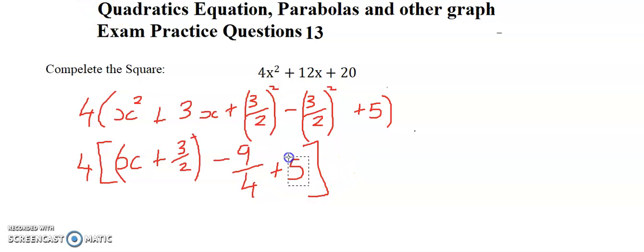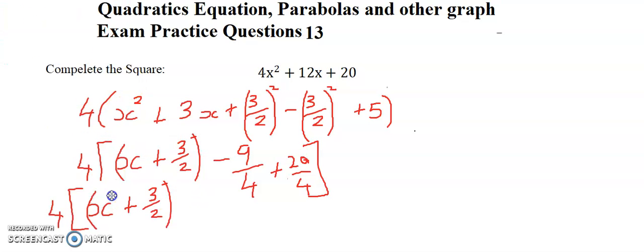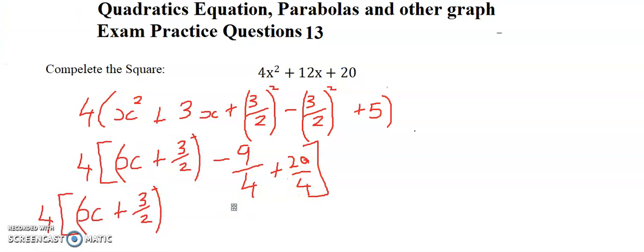Now my denominators are the same, so this makes it a lot easier. I've got negative 9 over 4, and I'm adding 20 quarters. So negative 9 plus 20 equals 11, so 11 over 4.